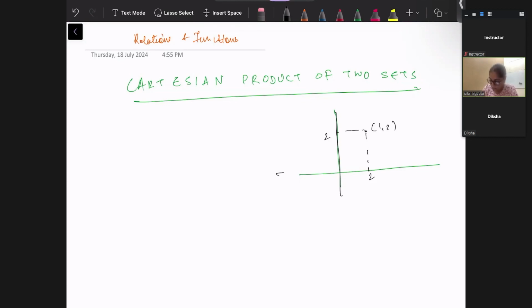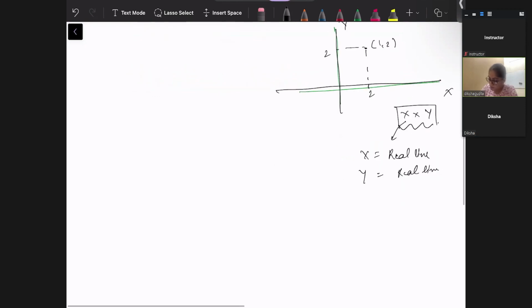This plane x y, you used to write it as x comma y axis, and this represents a Cartesian product. So what are the elements of this x cross y? x is nothing but the real line and y is also the real line, just placed perpendicular to each other, right?